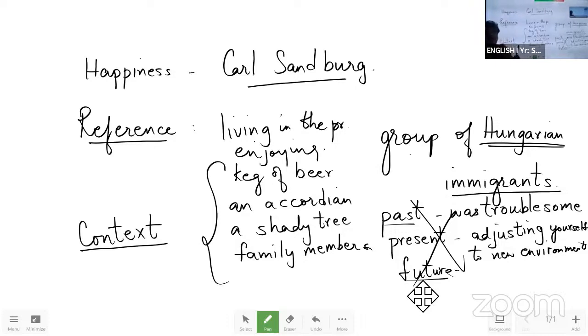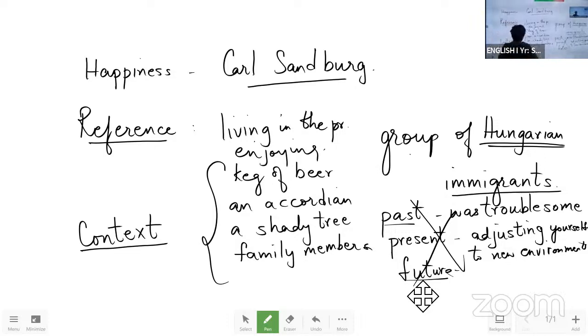That's when the poet understood happiness is not fame or success. It is living in the present with your family members or friends, enjoying yourself.